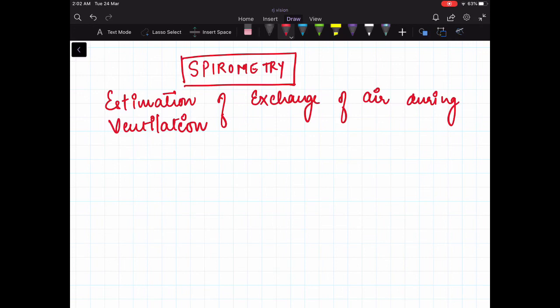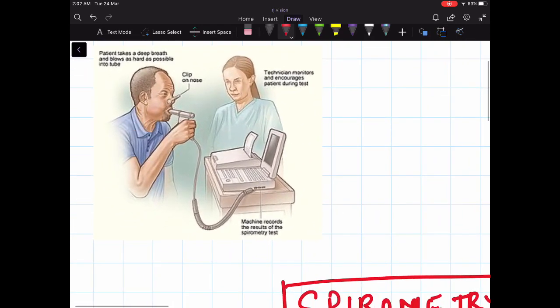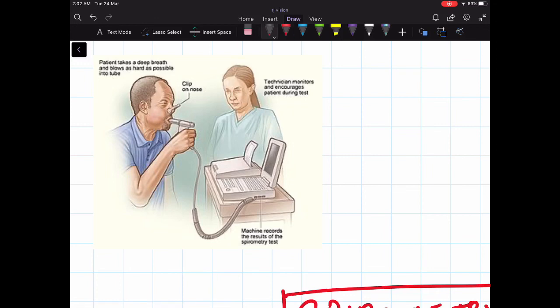Spirometry is done with the help of this device here. You can see this device. This is the patient. This, I believe, is the doctor. And this patient is blowing into a mouthpiece, which is recording something and transmitting this information through a wire to a computer.